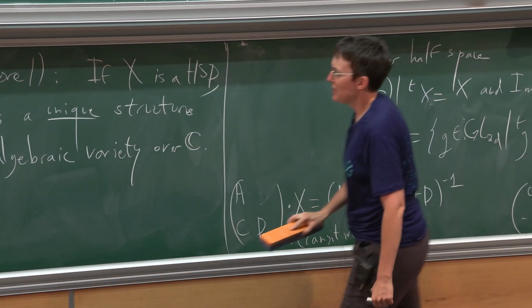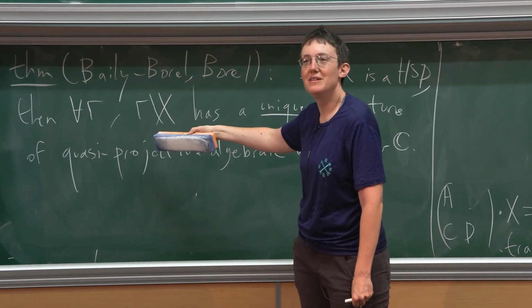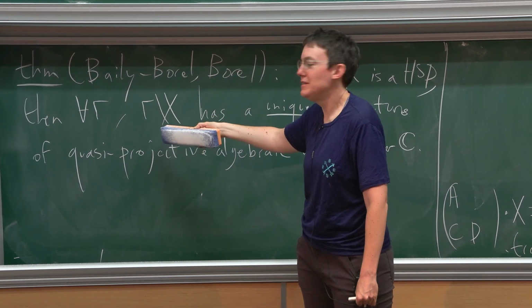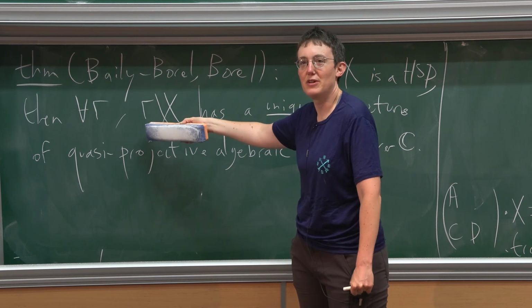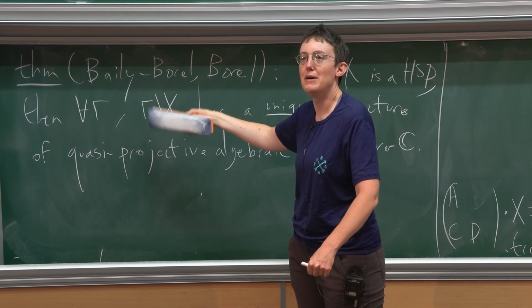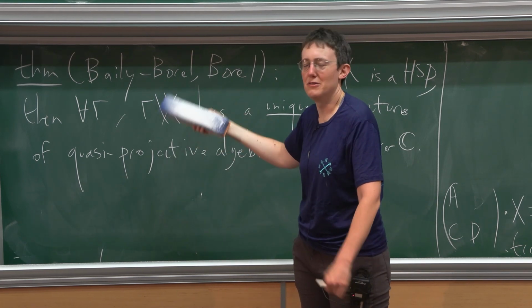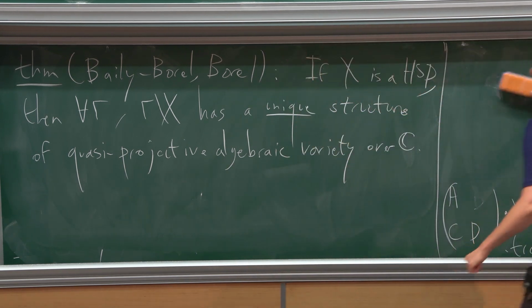And because if Gamma is not torsion-free, I can always go to a subgroup Gamma prime in Gamma that is torsion-free, then X over Gamma prime is a smooth quasi-projective algebraic variety, and X over Gamma is a quotient of this smooth quasi-projective variety by a finite group. So, right.